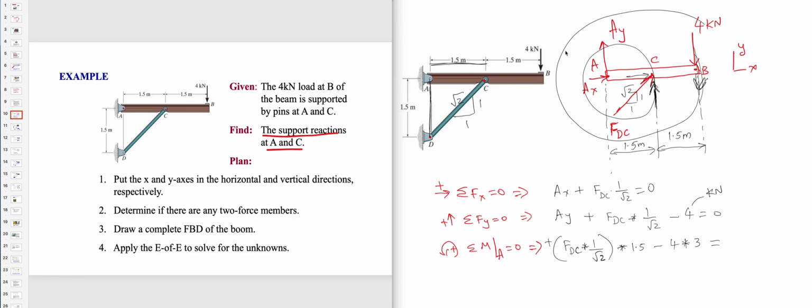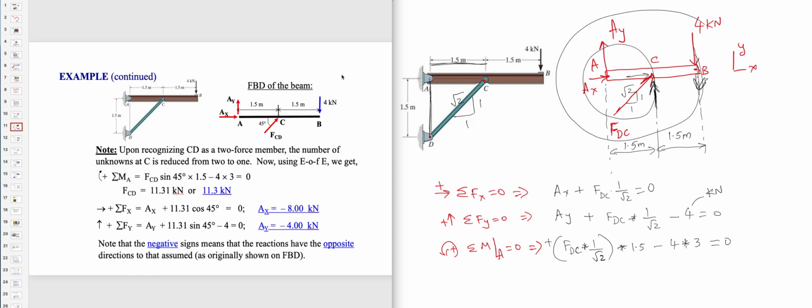And that's it, right? That's exactly what I've shown you here. If you see, this is the free body diagram. But in the free body diagram here, the AX is going to the right, AY is going to the top. So when we solve for this, we get AX to be negative 8, AY to be negative 4.